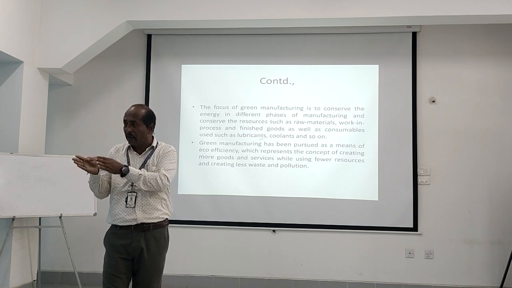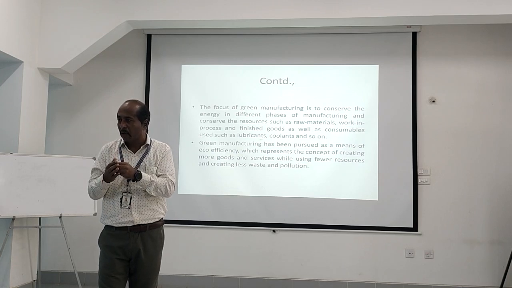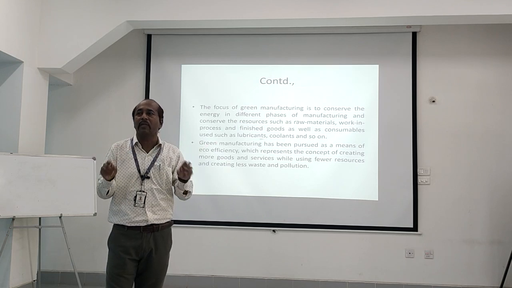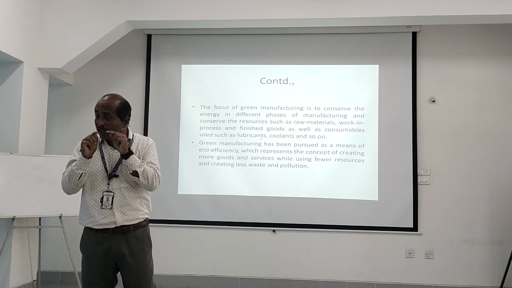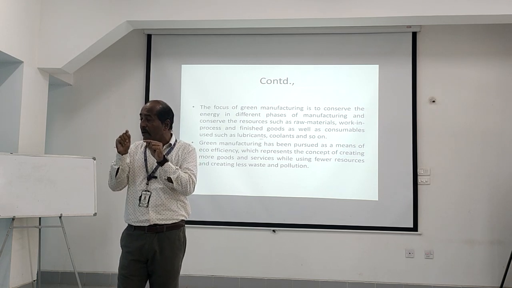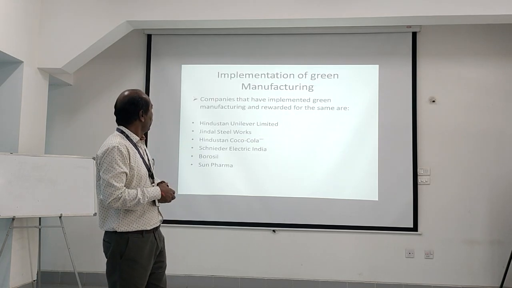If you save natural resources, fewer resources will be used for production or other purposes. Therefore, the entire process of green manufacturing is called an eco-efficient process. Eco in the sense of ecology: an ecologically friendly process.